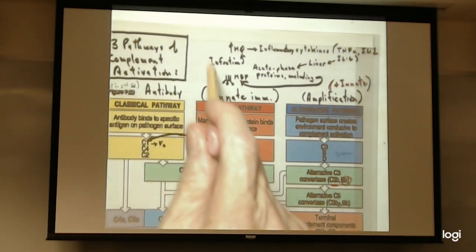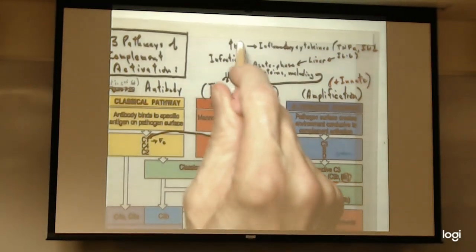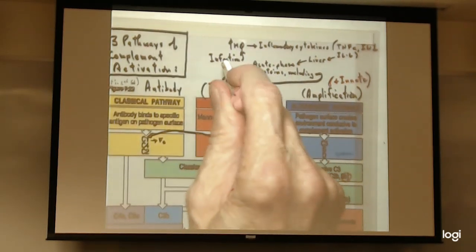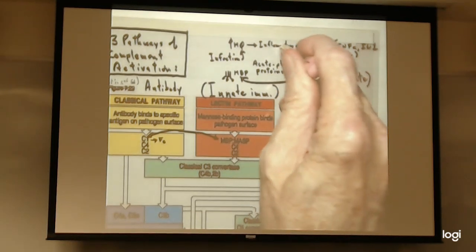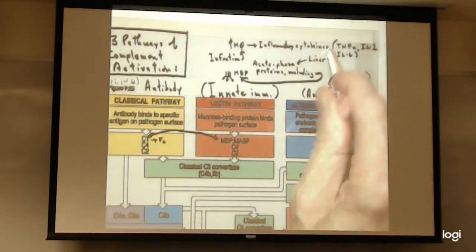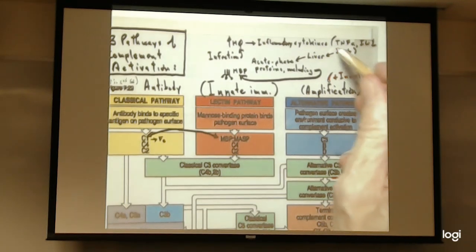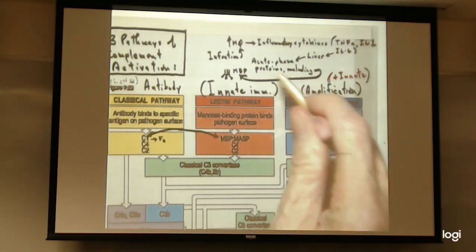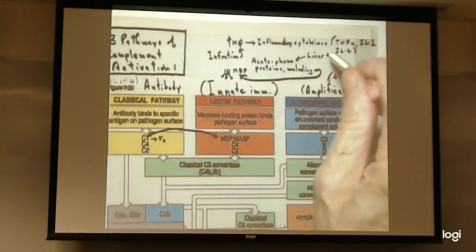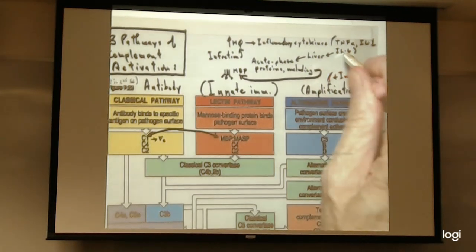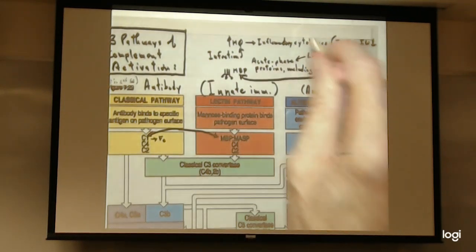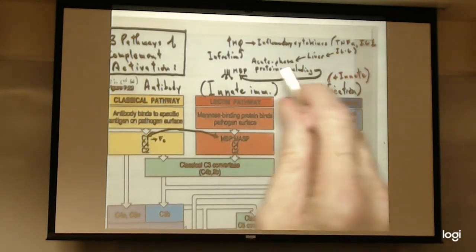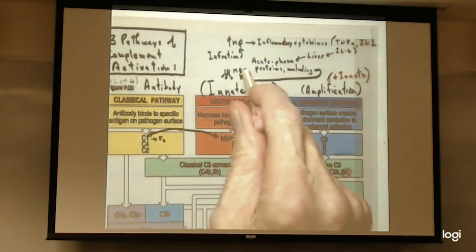So, if you get an infection, macrophages at the site of infection will start engulfing the bacteria, and the macrophages then start sending out inflammatory cytokines, TNF alpha, IL-1, IL-6. These get into the circulation, and when they arrive in the liver, the liver, in response to these cytokines, will secrete what are called acute phase proteins, which includes a protein called mannose binding protein.